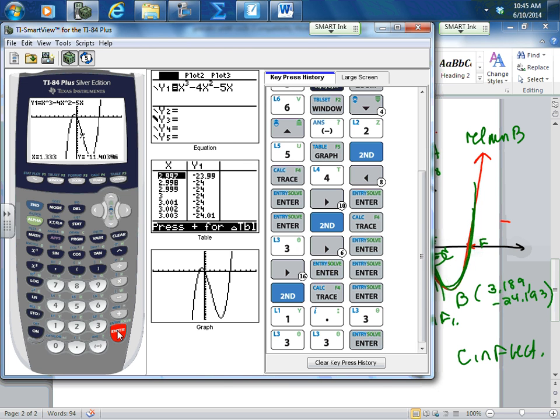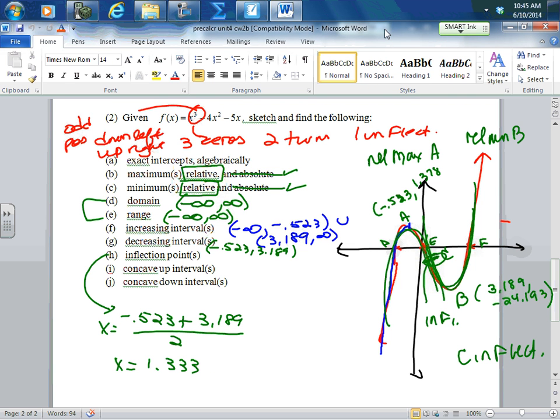Okay? So therefore, our inflection point says your y was negative 11.404. A point has to have an x and a y. So if I want the inflection point, I need both the x and the y. My concavity, I name just like I named my x values for the increasing, decreasing.